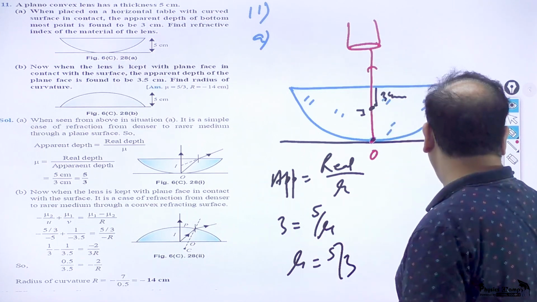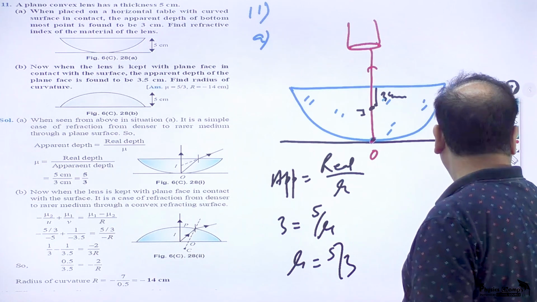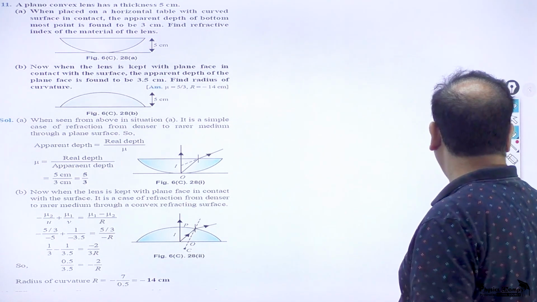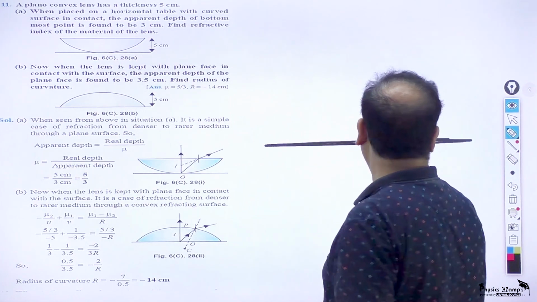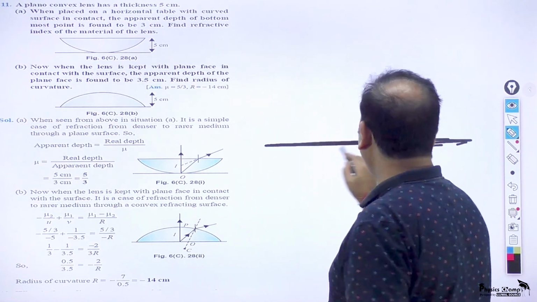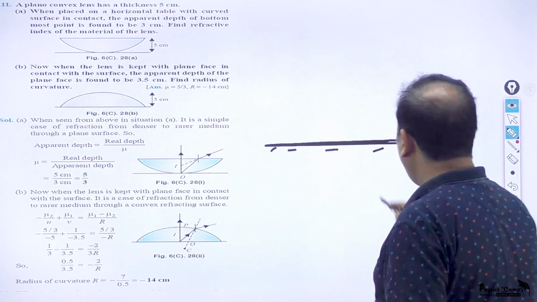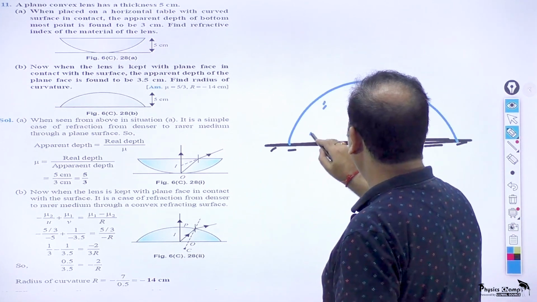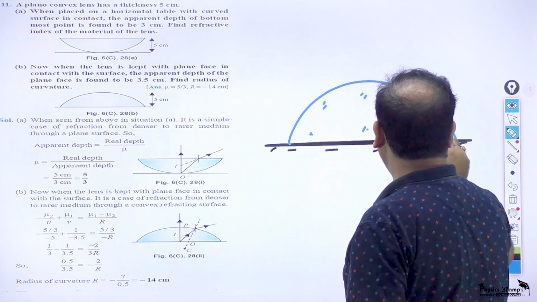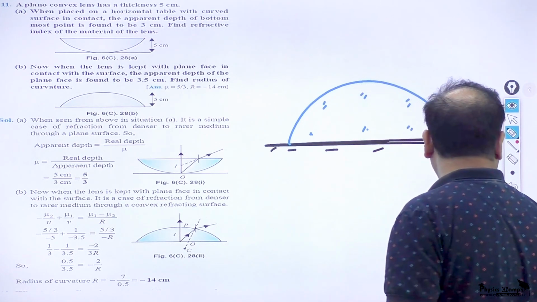Let's take part B. In part B, the same plano-convex lens is now kept inverted on the same table. We know its depth is 5 centimeter.